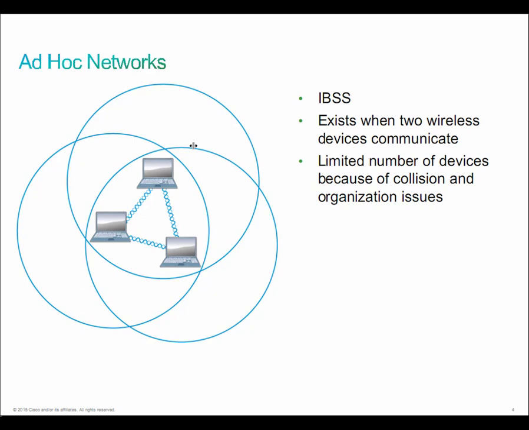We use a contention-based scheme to communicate over wireless called CSMA-CA. Now, I'm sure you've heard of CSMA-CD, which is carrier sense multiple access with collision detection. But in the wireless environment, we use something called CSMA-CA, carrier sense multiple access with collision avoidance.